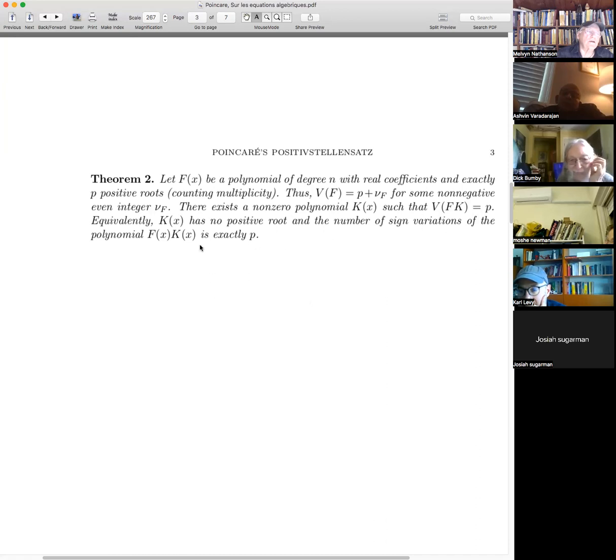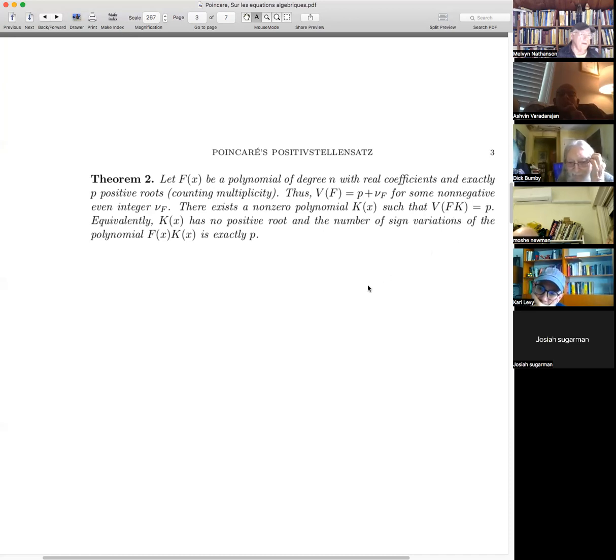So in particular, K has no positive roots. So if f has exactly p positive roots, there exists a polynomial K such that f times K has Descartes number equal to p. So that's Poincare's theorem.